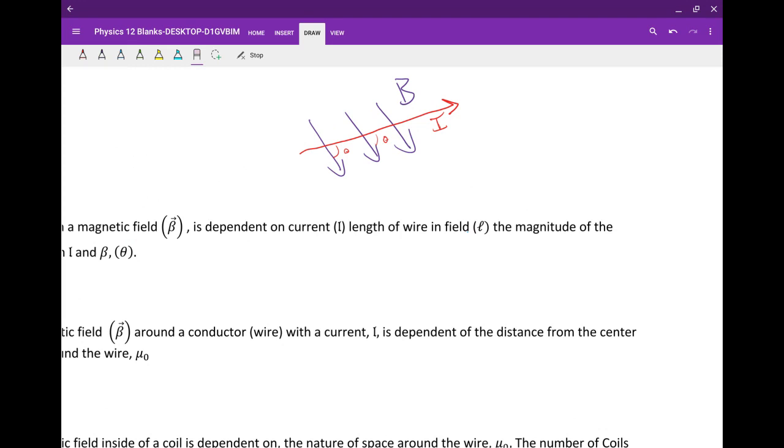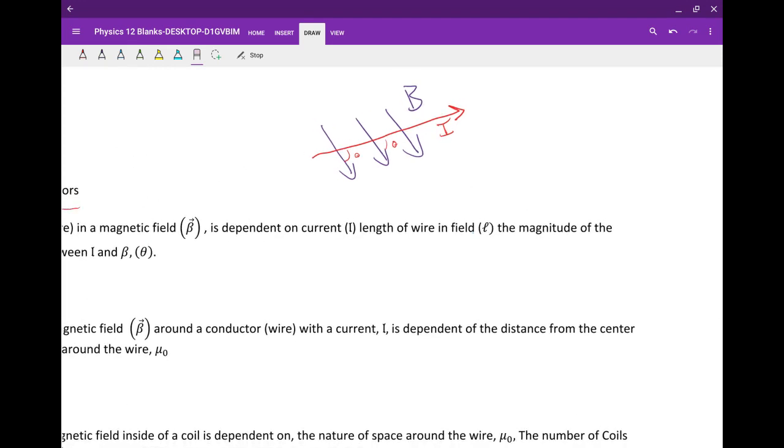And now, if we want to figure out the direction of the force here, I point my fingers in this direction. Fingers, all right? So I'm pointing down in that direction. My thumb would go in this direction here. All right. And now, if you're basically able to do that, you'd have to be quite a bit of a contortionist, or you'd have to move the paper around a little bit.